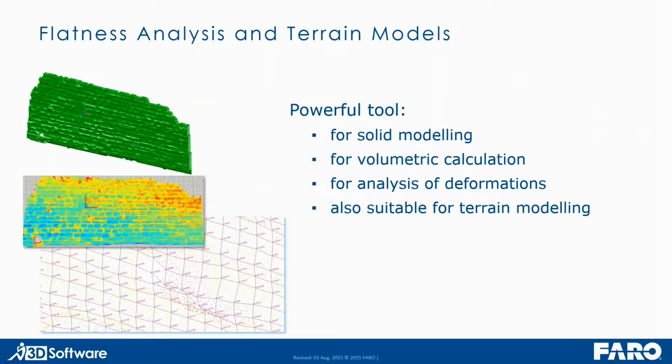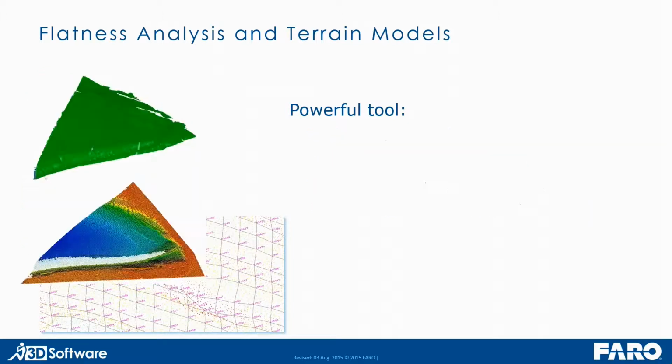So this tool is not only included in our PointSense Heritage solution, but also in PointSense Pro, and also in the industry solutions like PointSense Plant and PointSense Building. Here's an example of how a terrain model has been created using this tool.